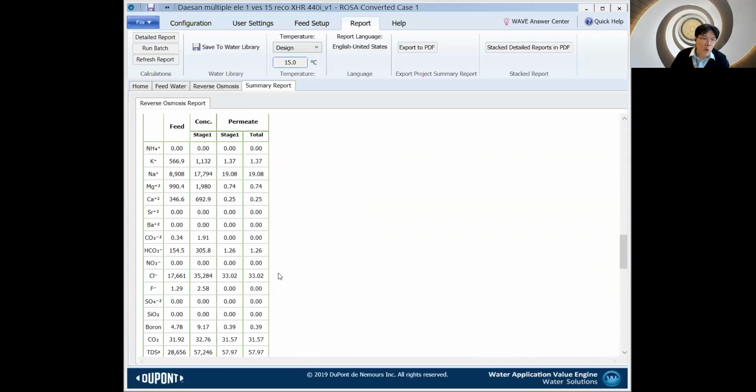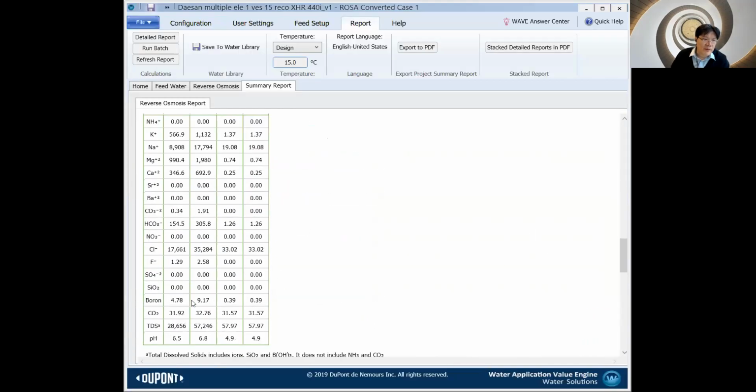Okay, so when you see your RO report, the boron concentration initially in the scenario, we can put in how much boron concentration, and then after permeate, you have a boron concentration of 0.39 milligram per liter. So this is 0.39 milligram per liter. And then let's look at your calculation of your design.